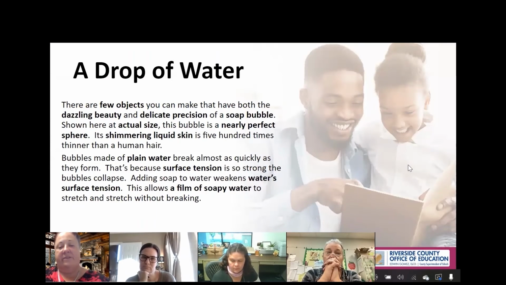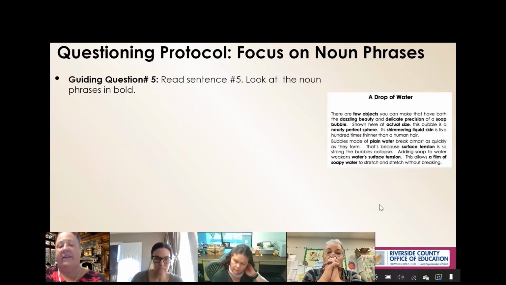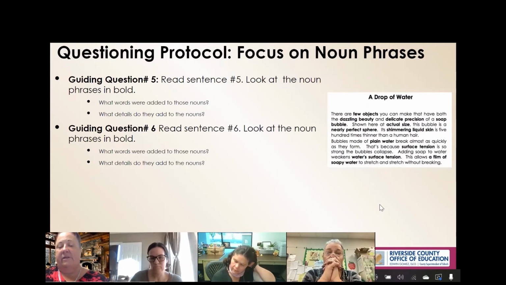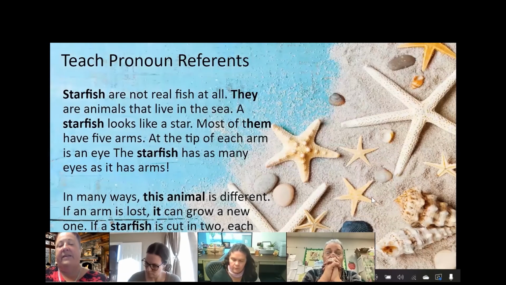So again, here's another example on soap bubbles. Once you've taught them how to do it, then they can look at the noun phrases, and you can give them prompts to analyze a text, and those types of things. Okay, so these can be examples. And then also coming back to the larger passage, not one sentence, but the larger passage.